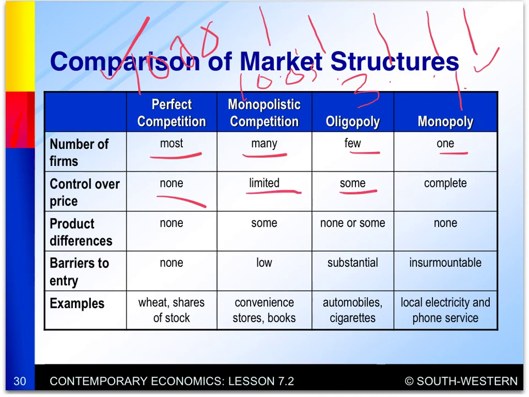No product differences in perfect competition, agriculture. Some, like Burger King and McDonald's. Oligopoly could have some or none, and then there are no product differences because a monopoly only makes one product. There's no barrier to entry. It's very easy to start a vegetable stand or a hot dog stand and get in a perfectly competitive market.